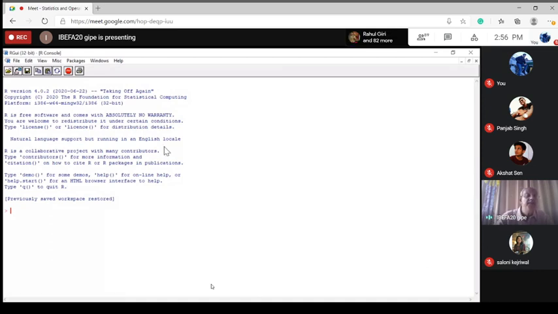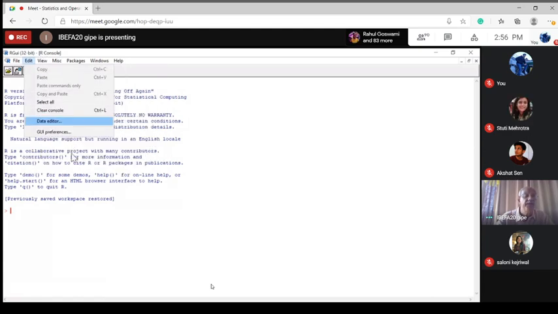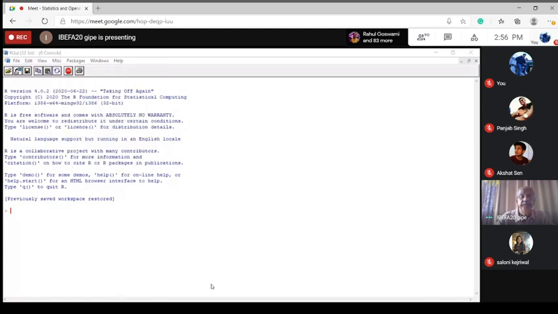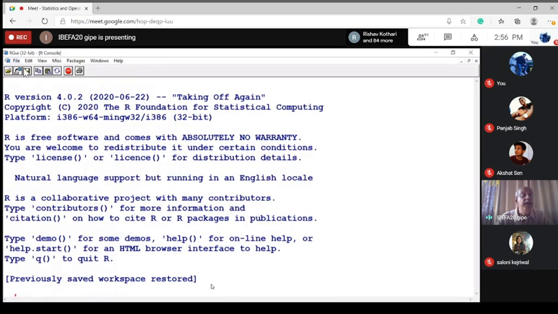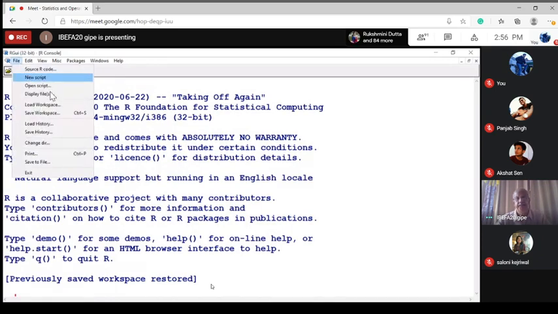So first of all, change the font for a better output and open a new script.